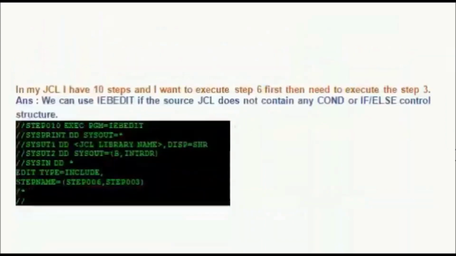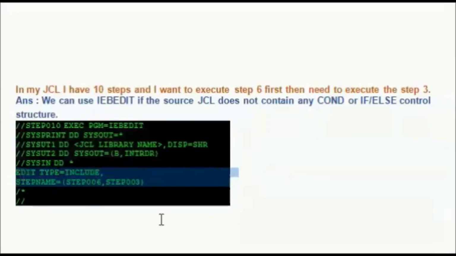Next question. In my JCL, I have 10 steps and I want to execute 6 steps first and then need to execute step 3. How can I achieve this logic? Answer. We can use IEBEDIT if the JCL does not contain any condition or if-else control structure.